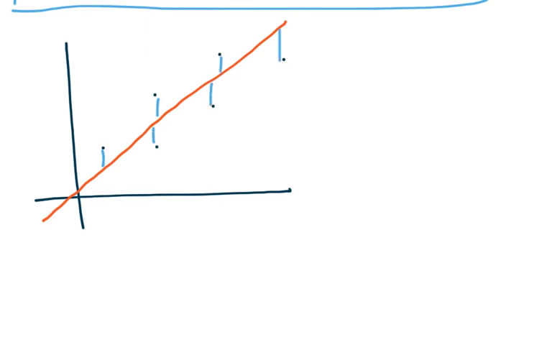This is what we were looking at just a second ago. Instead of looking at the vertical variation, what happens if we instead look at the shortest possible distance? All right, what happens if we look at shortest straight line distance instead of shortest vertical distance? All right, what happens in that case?